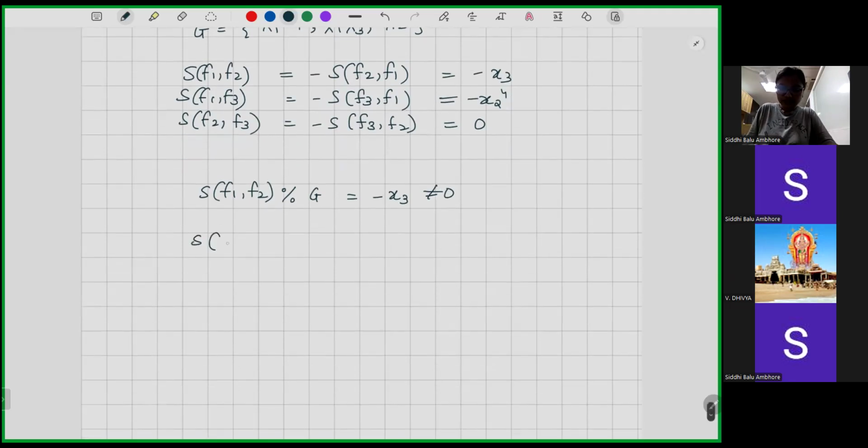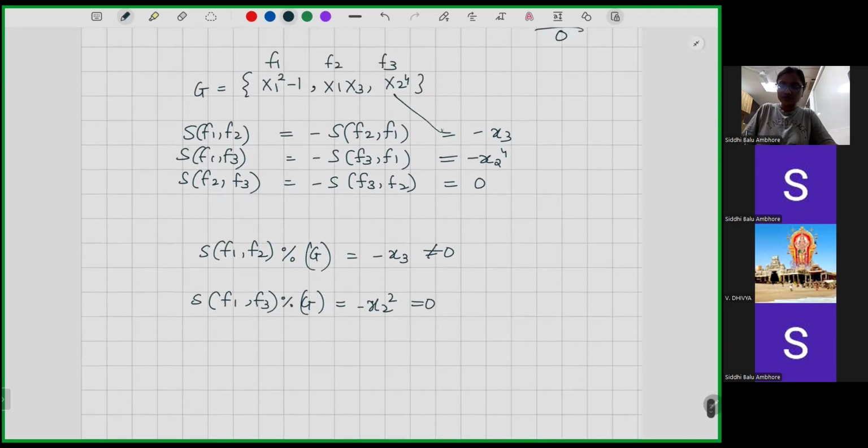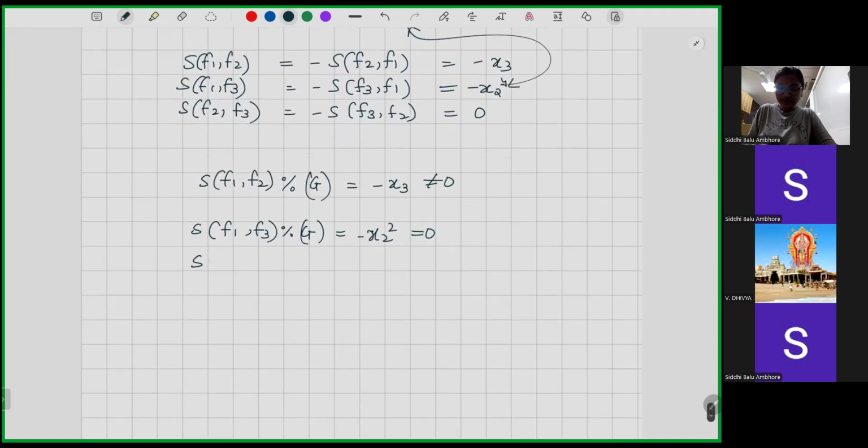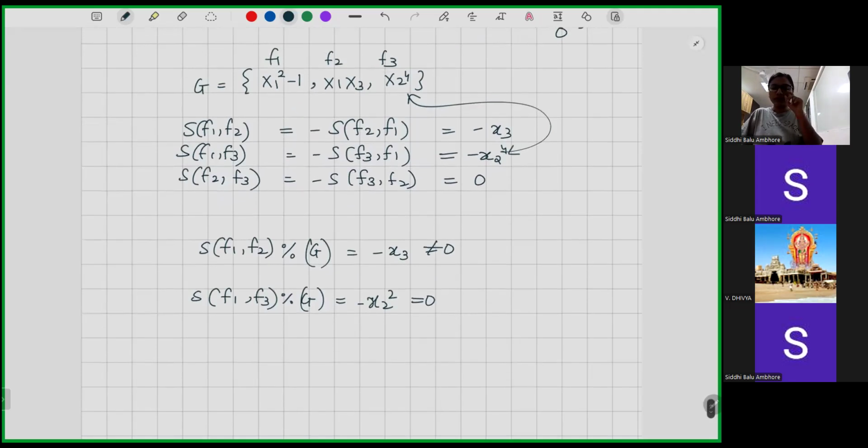You can check F1 comma F3 divided by G, this is a bad symbol, but I'm using it, which is minus x2 to the 4, it is 0 because this is an element from my ideal. And this is anyway 0, so that's not a problem. Okay, so x3 was something which was not giving remainder 0 when dividing by elements from G.